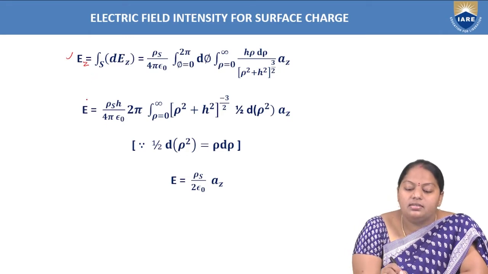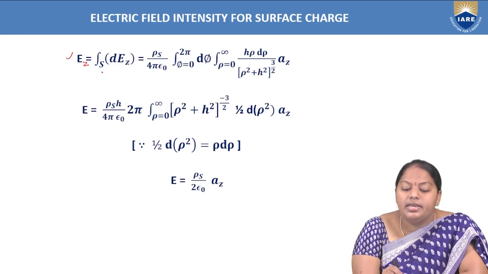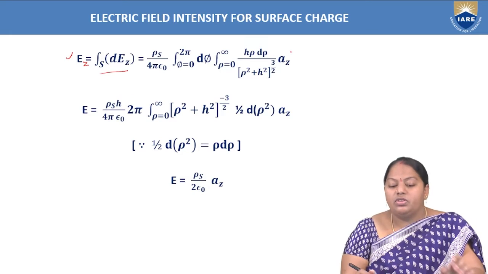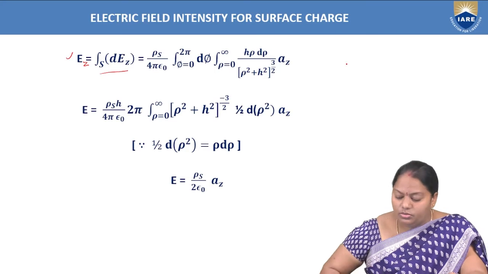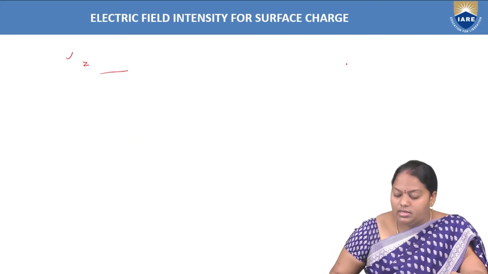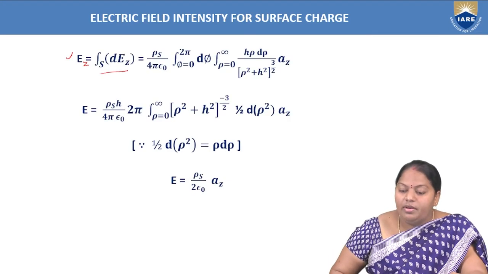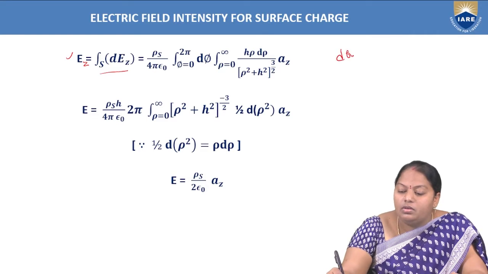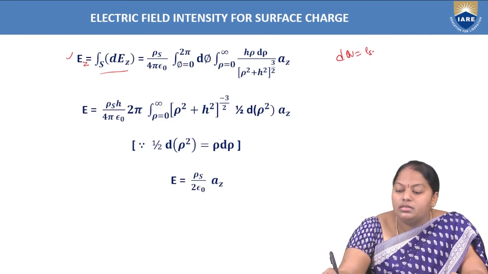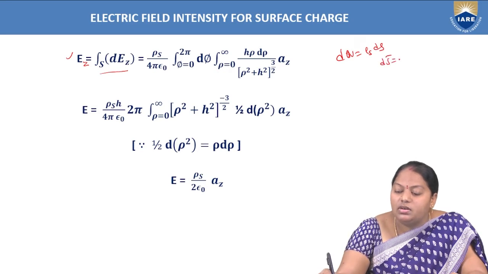Hence Ez is equal to the integral over S of dEz. What we have considered in the previous equation, and for the surface, what are the two differential variables? Previously, we have written that dq equals rho s into ds. Then ds is equal to rho d phi az.